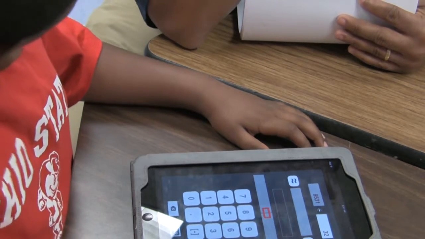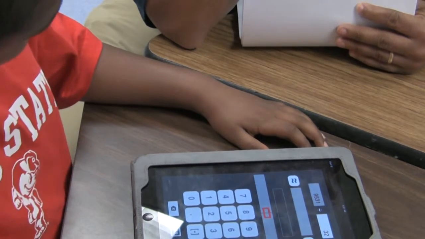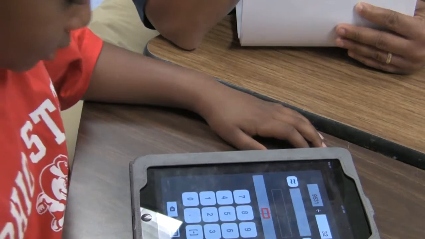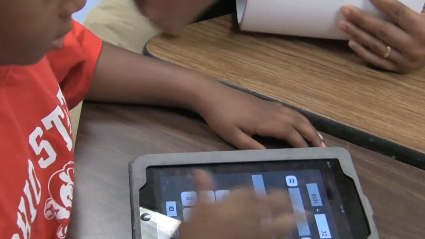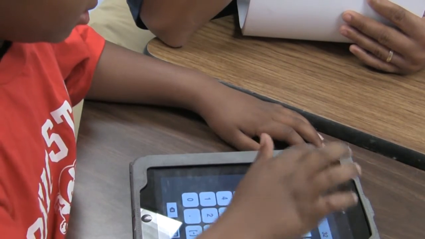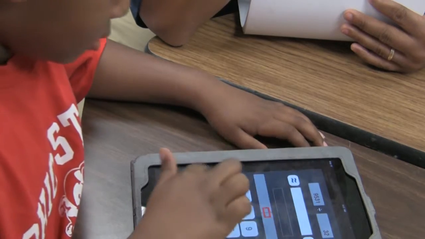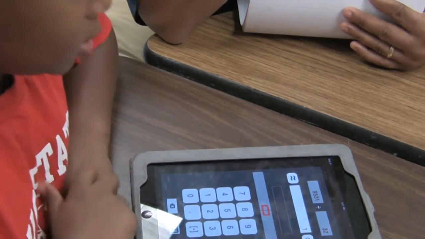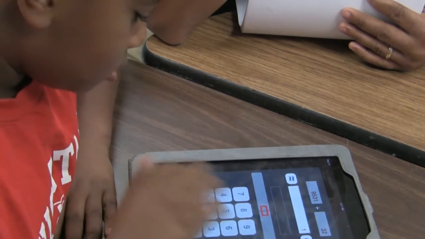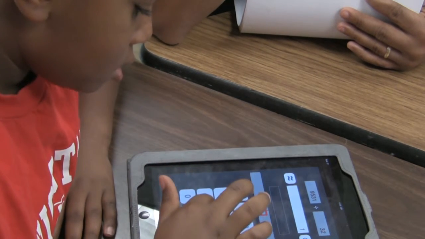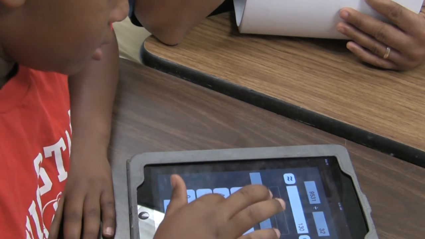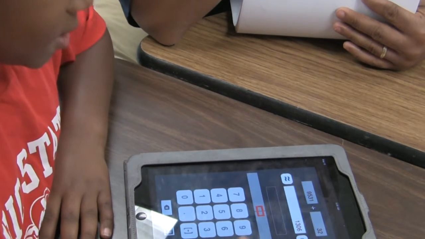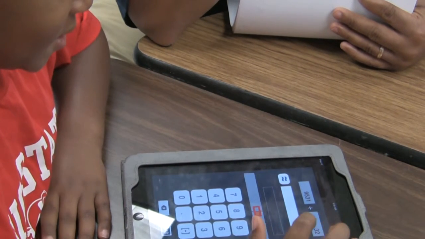So what would your solution be? Your estimate be? You gotta hit the estimation symbol. Okay. And your estimation would be what? 1,300. Okay, hit okay.